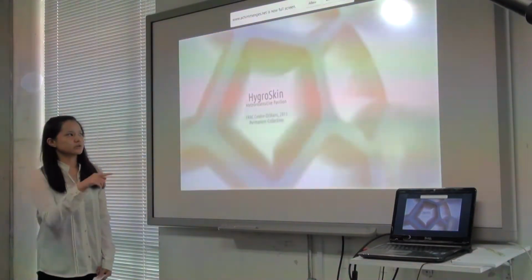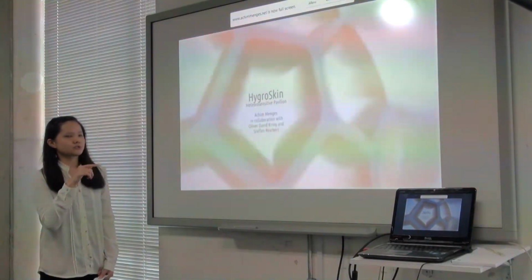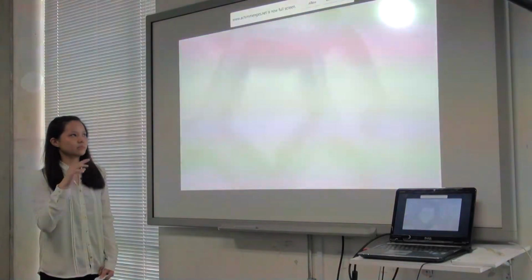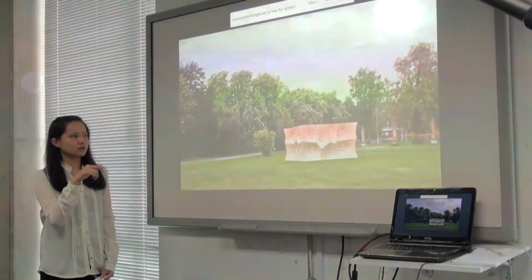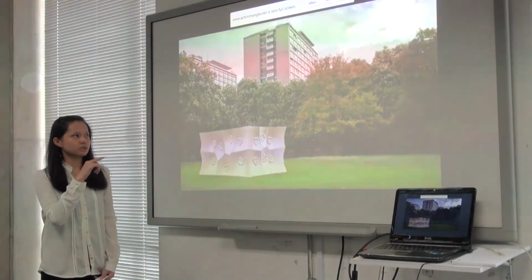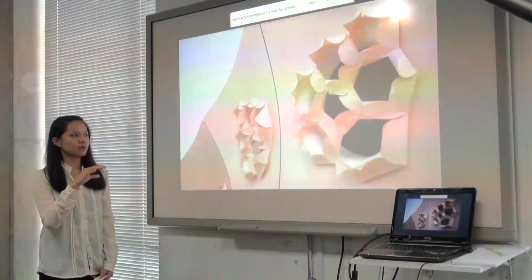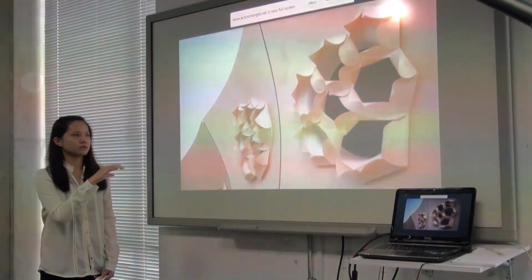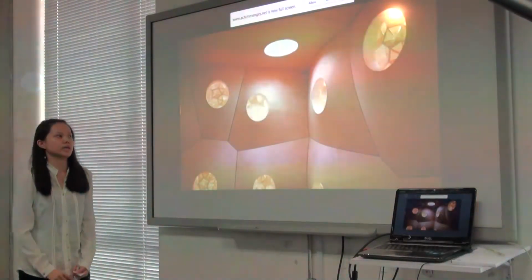So this is a project where the element is extracted from a pine tree, and the structure will respond according to the humidity level in the air. When the humidity in the air is lower, the structure will close, and when the humidity in the air is higher, the structure will open. It will respond in that way.